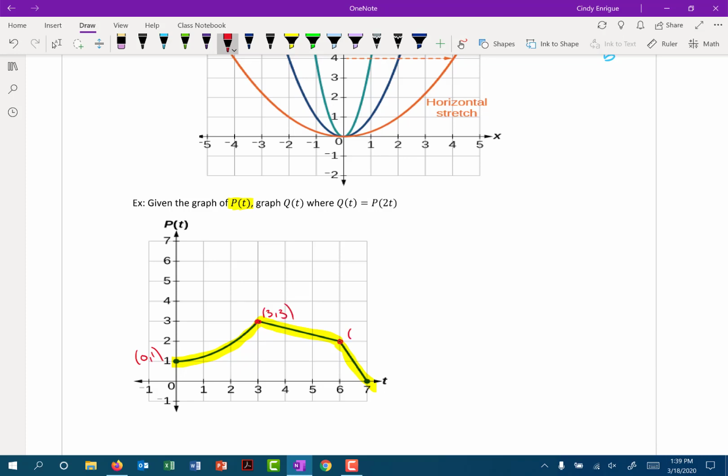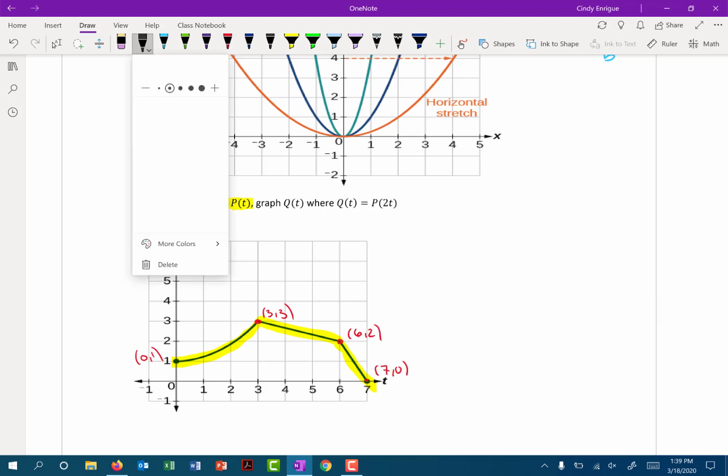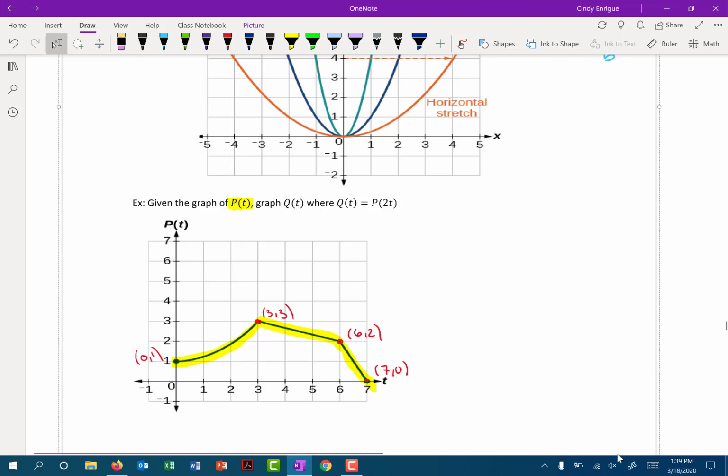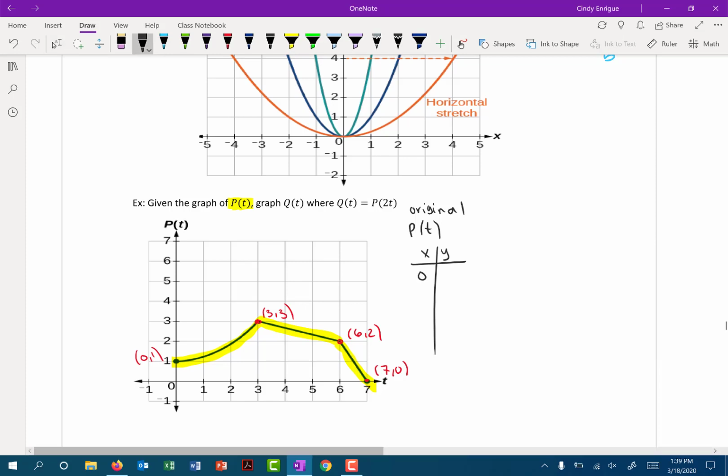And I still have my 6, 2. And I still have my 7, 0. So my P of t, which is my original, I'm going to have my points x and y as 0, 1, 3, 3, 6, 2, and 7, 0.